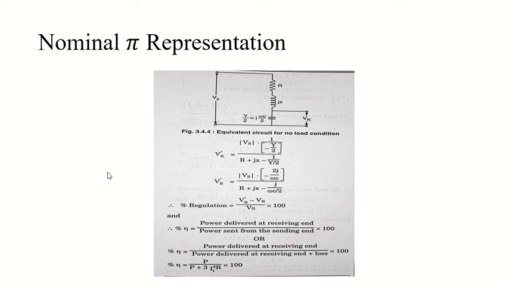So to calculate the voltage regulation of the line, what do we do? We find the no load receiving end voltage by keeping the sending end voltage constant. So we will do the same here.